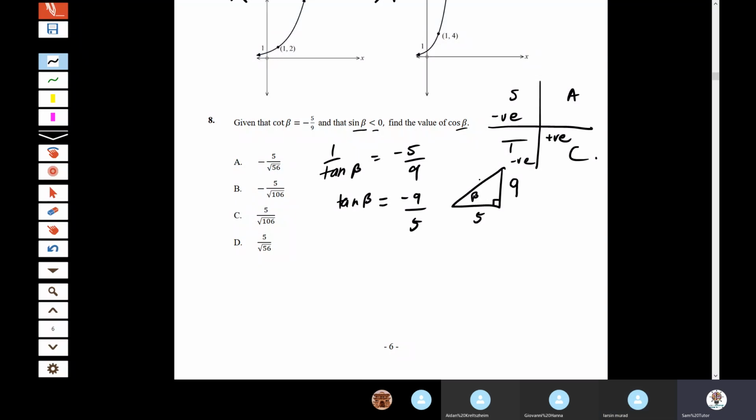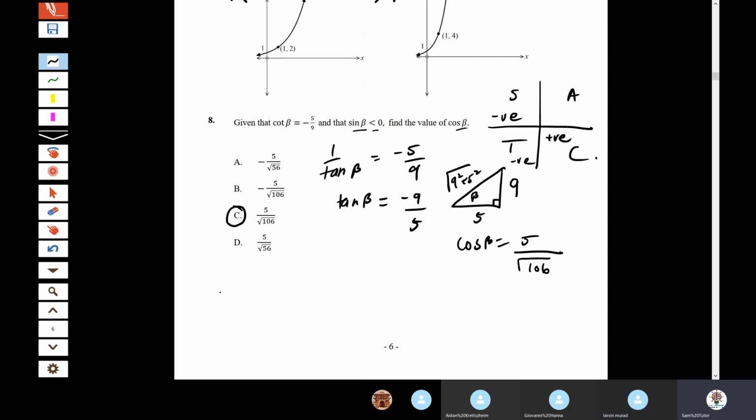So if you want to find cos beta equals adjacent over hypotenuse, which is the square root of 9 squared plus 5 squared. I'm just going to take a good guess and say 81 plus 25 is probably 106. So root 106. Answer is C.